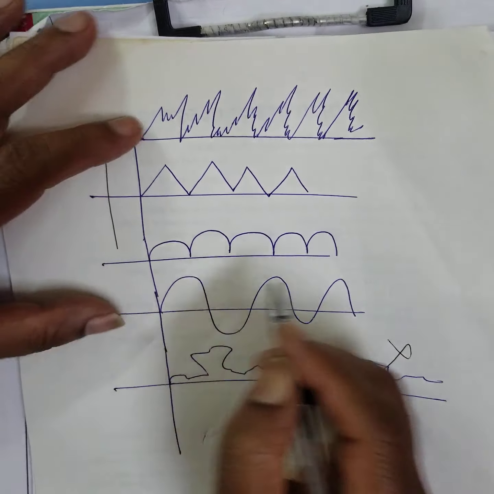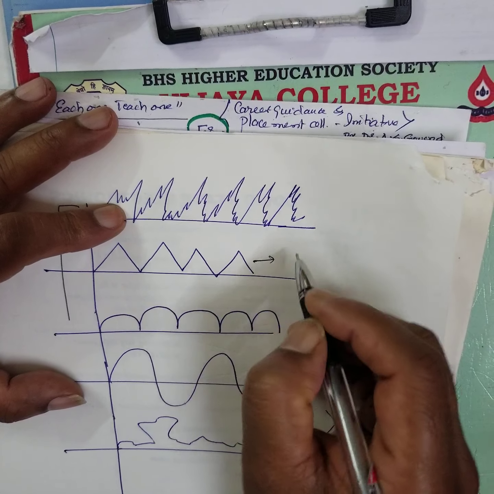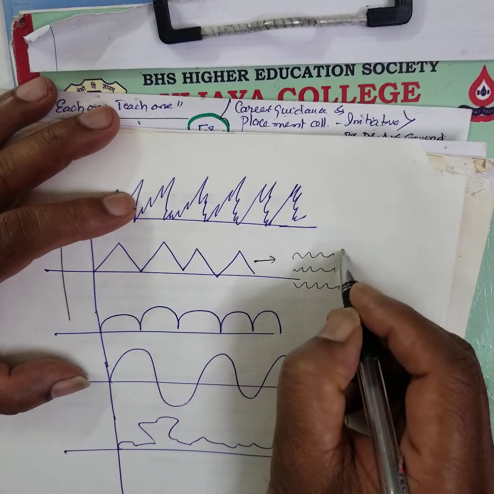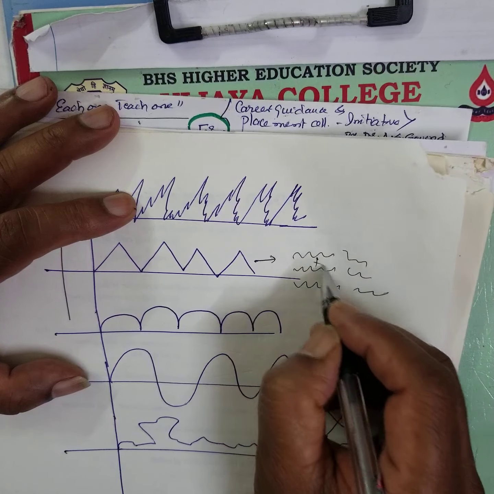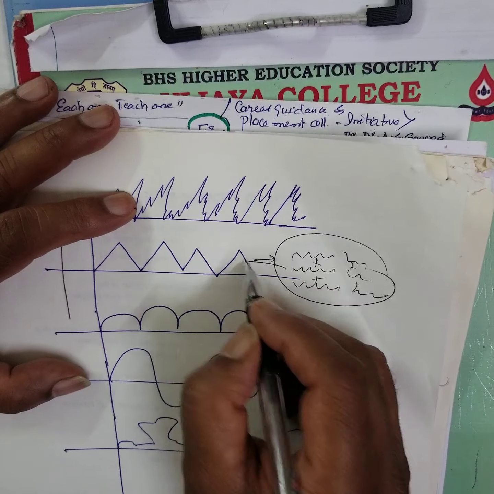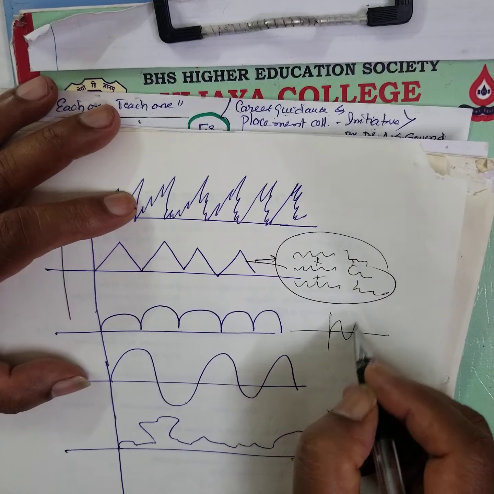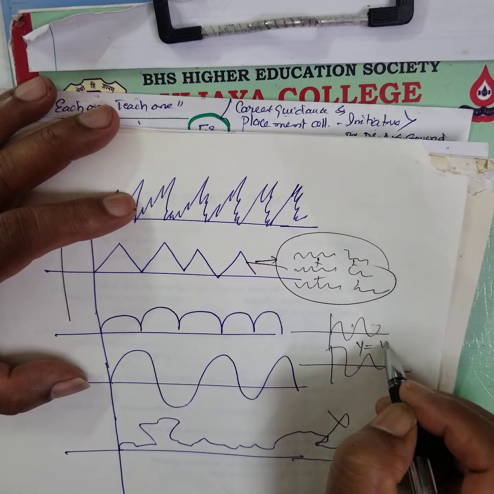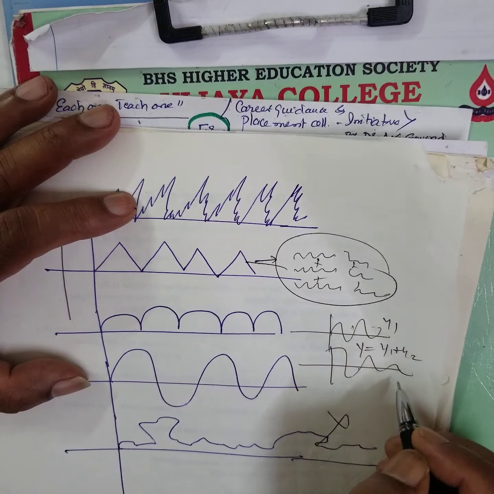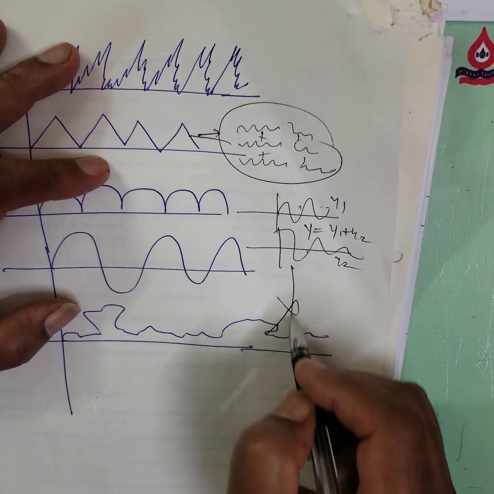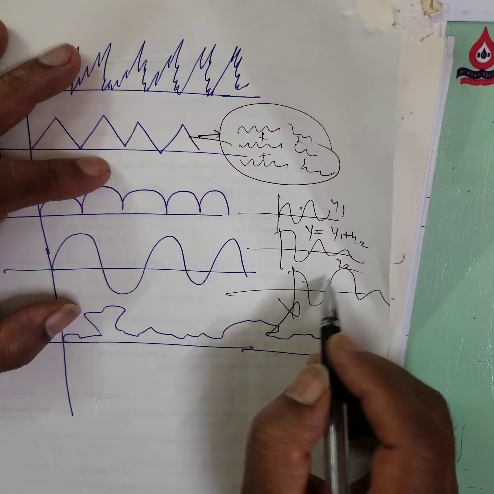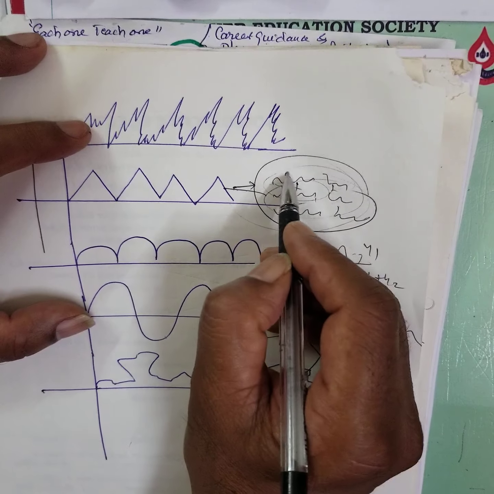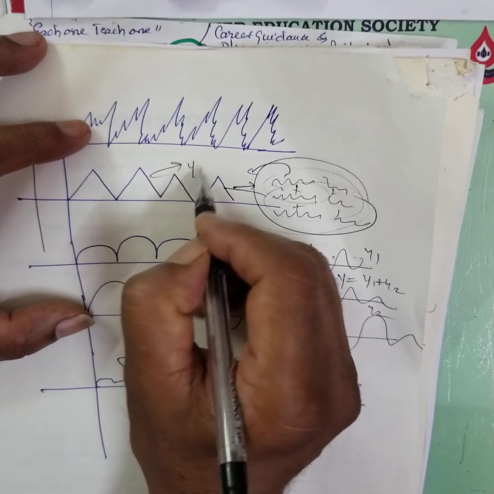But any periodic function, see, is expressed in terms of what? This is a combination of several sine and cos waves. If I add all the sine and cos waves together, the resultant is another wave. Suppose several waves of different nature, amplitude and frequency are combined together, the resultant wave is this.